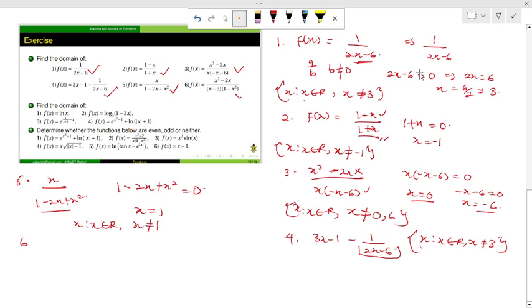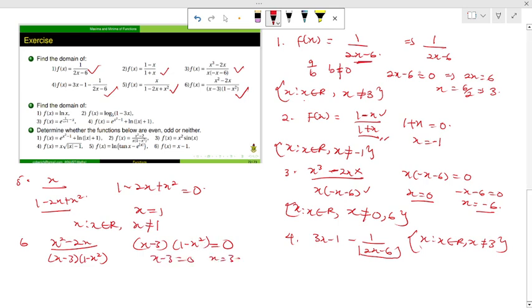Finally, 6, x squared minus 2x over x minus 3, 1 minus x squared, right? So I have x minus 3, 1 minus x squared. The values here that will make our function undefined, or that will satisfy this: I'm simply going to have x minus 3 equals 0, giving me x is equal to 3.